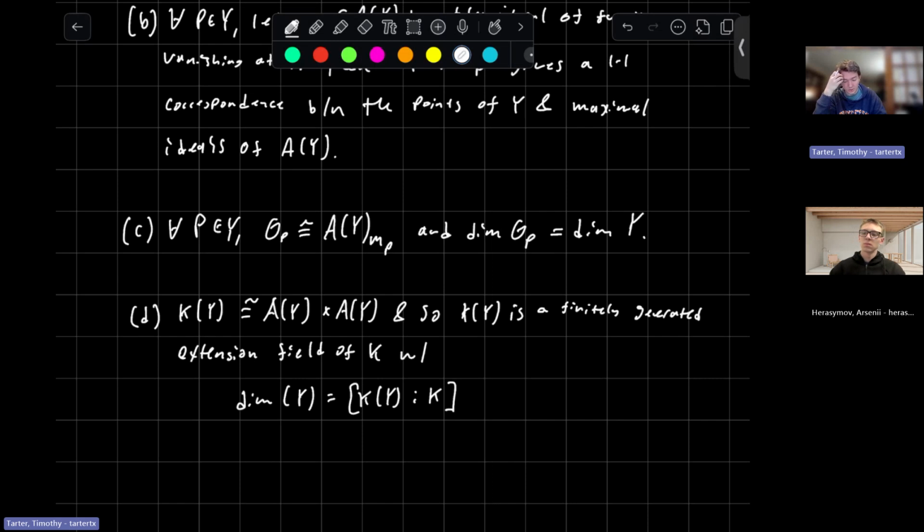Since we have stuff in A(Y) at MP, we have this one-to-one correspondence chain. So we can send stuff by a natural map from A(Y) subscript MP into OP in an injective manner, and surjective because these are regular functions we're working with. As a ring, since it's a bijective continuous map, in this case it's an isomorphism.